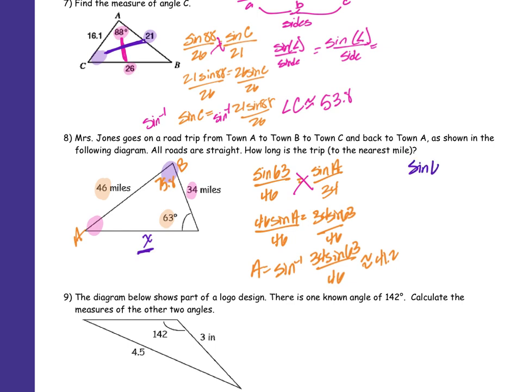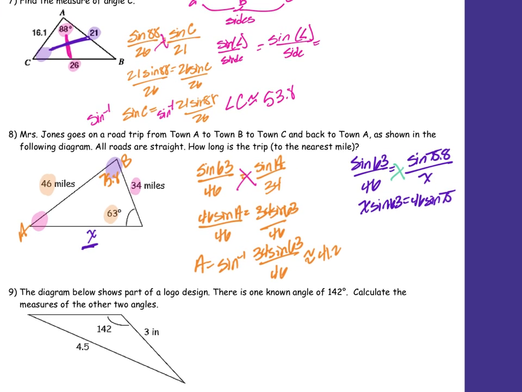Sine of 63 over 46 equals sine of 75.8 all over x. Cross multiply. x sine of 63 equals 46 sine of 75.8, divide by sine of 63.